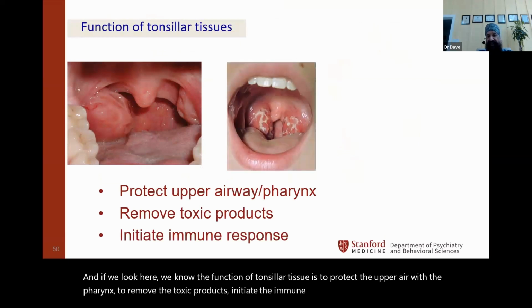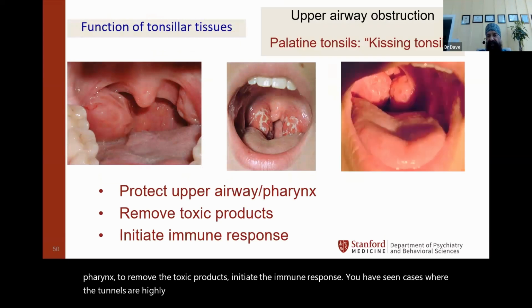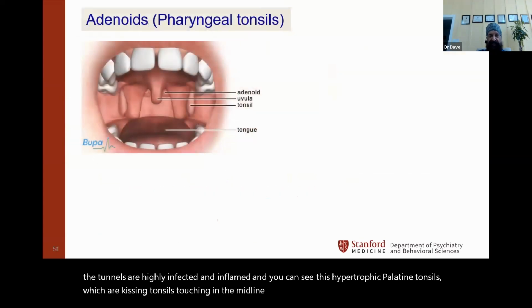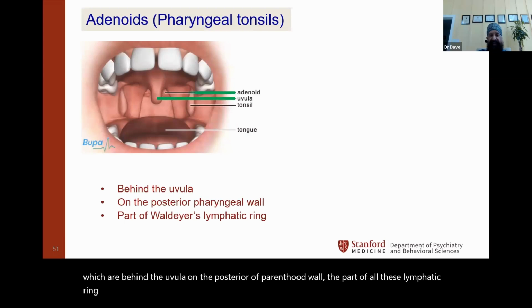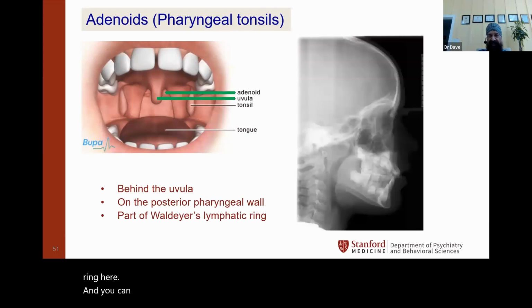You've seen cases where the tonsils are highly infected and inflamed. And you can see these hypertrophic palatine tonsils, which are kissing tonsils touching in the midline here. And you're also familiar with the adenoids, which are behind the uvula on the posterior pharyngeal wall, part of Waldeyer's lymphatic ring. You can see them very clearly on an orthodontic lateral cephalometric X-ray.